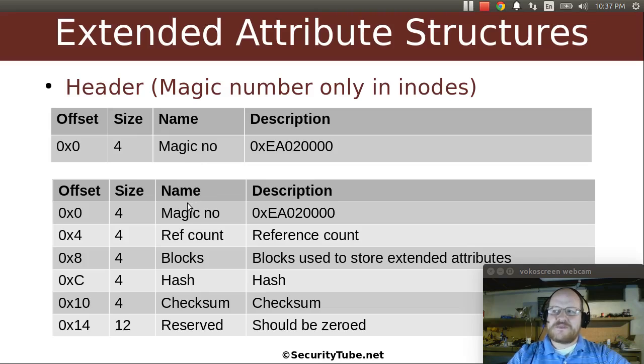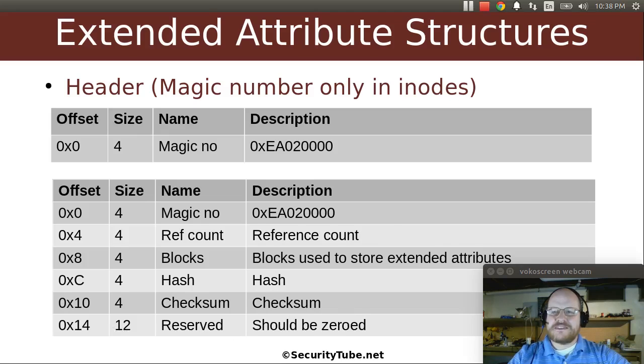If it's in a data block, you have the magic number, a reference count, and the blocks used to store the extended attributes, a hash value, a checksum, and then there is some reserved space, 12 bytes of it.